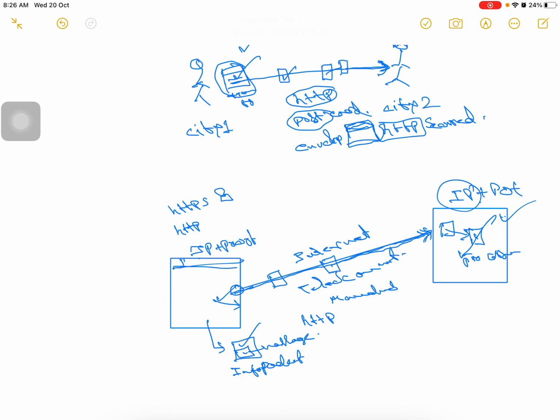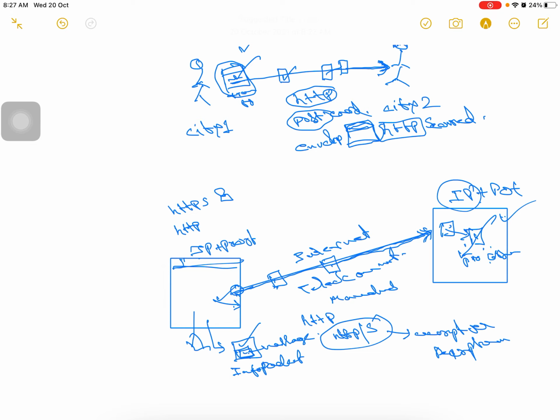That's why for these digital communications they devised the HTTPS protocol. Here encryption and decryption will happen at both ends. The client will encrypt the message before putting that information packet into the network, and after that the server will receive the encrypted information packet, decrypt it and consume it.